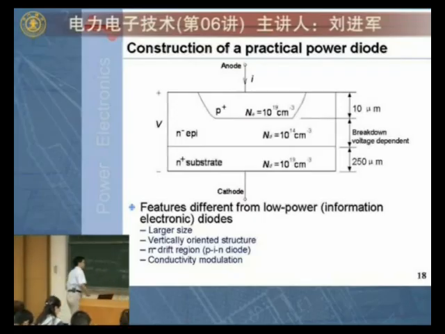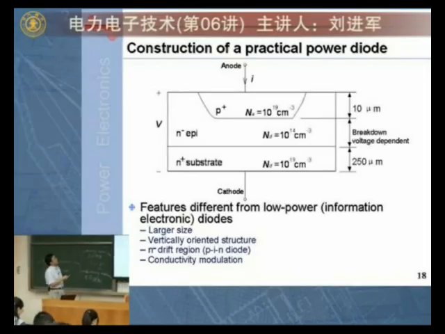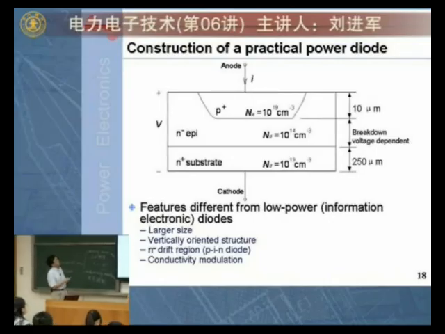Okay, this conductivity modulation is actually describing the phenomenon like this. You see, when you apply positive voltage to the P side, negative voltage to the N side, you establish the outside electric field, which is pointing from the upper side to the lower side in that direction.